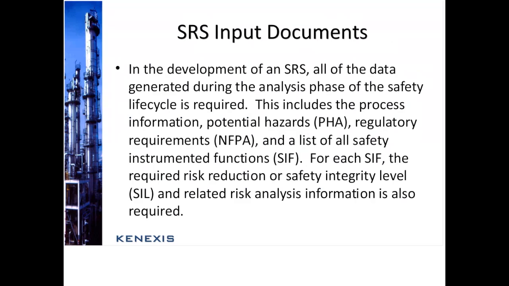This includes process information, the potential hazards from the PHA, maybe regulatory requirements from the NFPA for boilers, a list of all the safety instrumented functions, and for each safety instrumented function, the required risk reduction or safety integrity level and the related risk analysis information is also required.